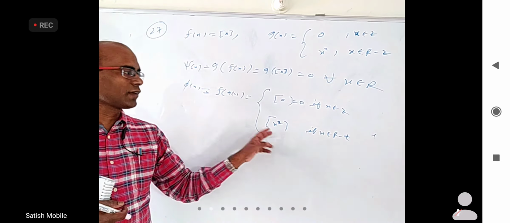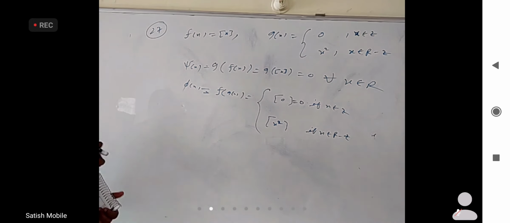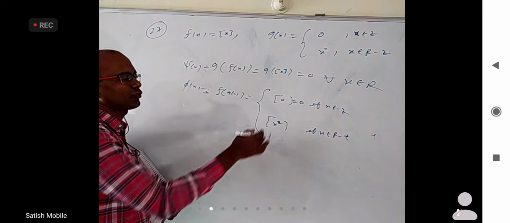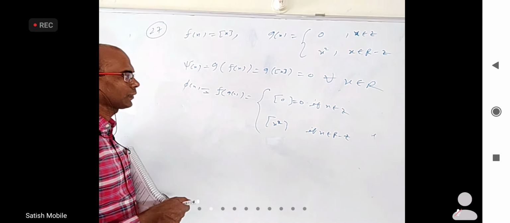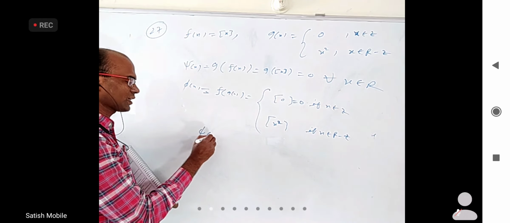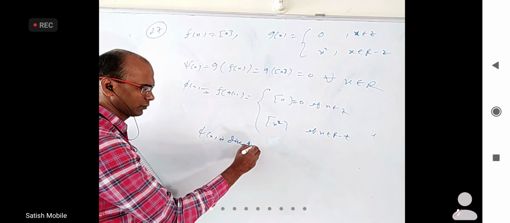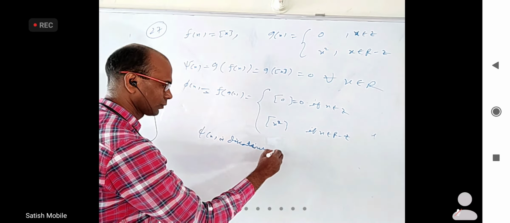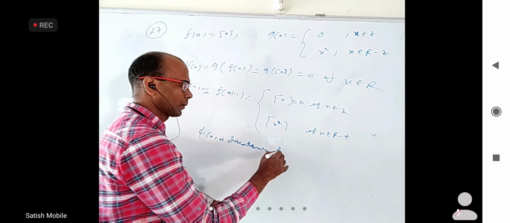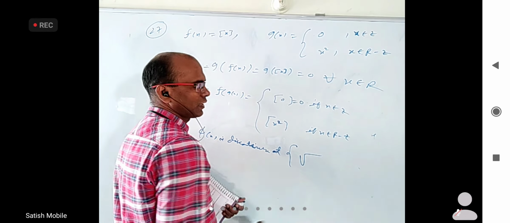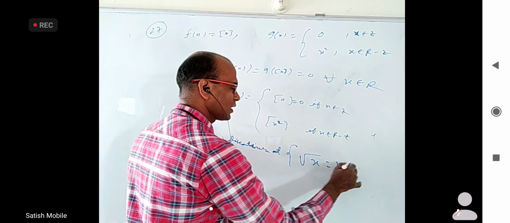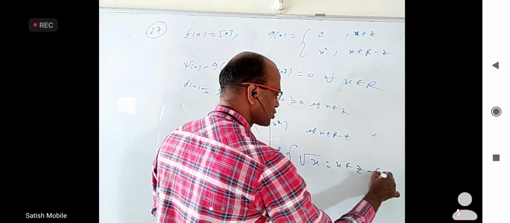So if you want to know the complete set of values where it is discontinuous, phi of x is discontinuous at root x such that x is an integer but not 0.